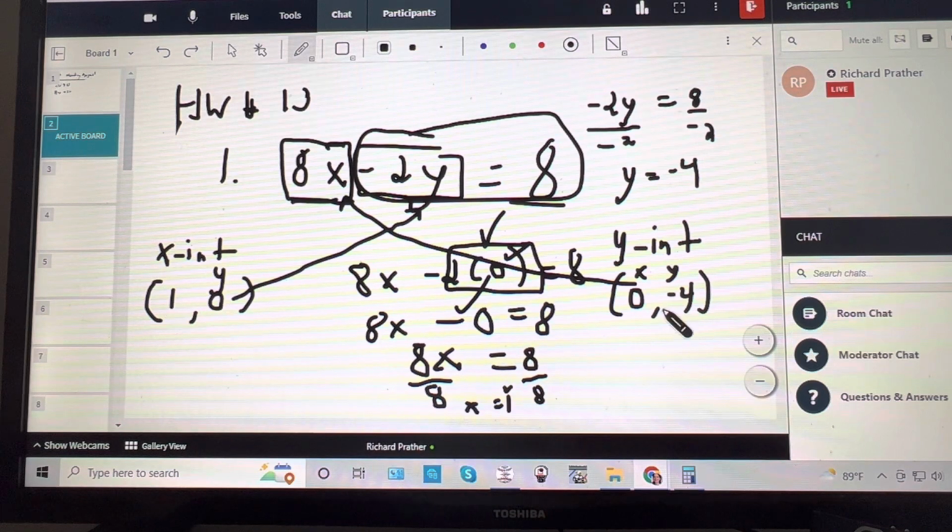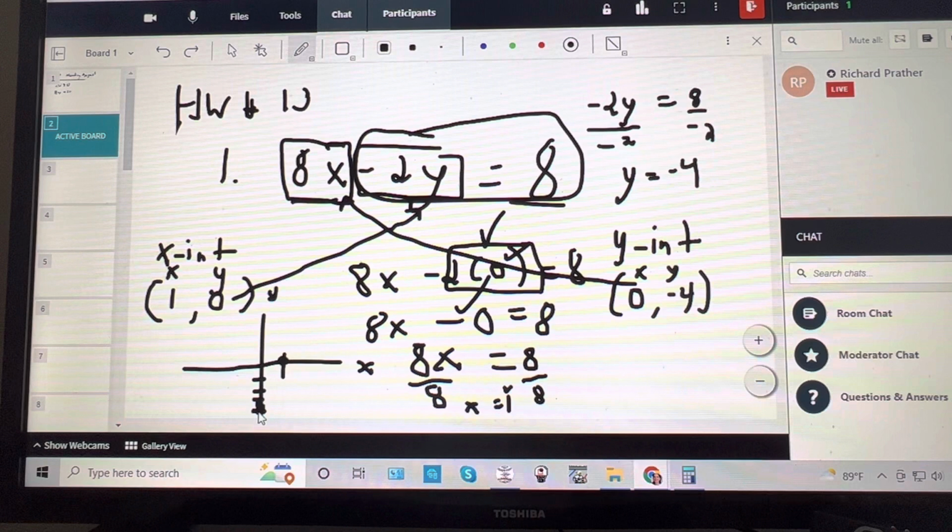So these are 2 points on a graph. If you have an xy axis, remember x is horizontal, y is vertical. The coordinate 1, 0 is 1 to the right and nothing up or down. In coordinates, you do the x first. 1 to the right, nothing up or down. 0, negative 4 is nothing left or right, and negative 4 in y is down 4.